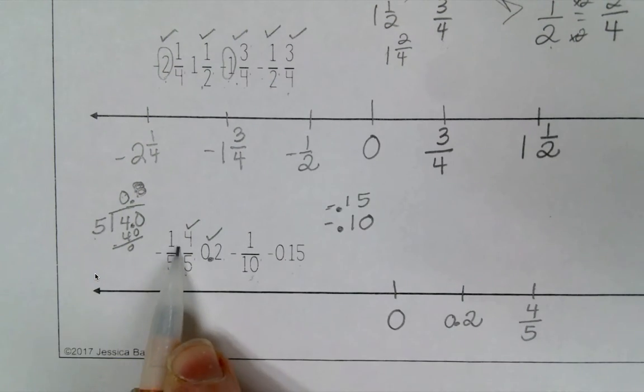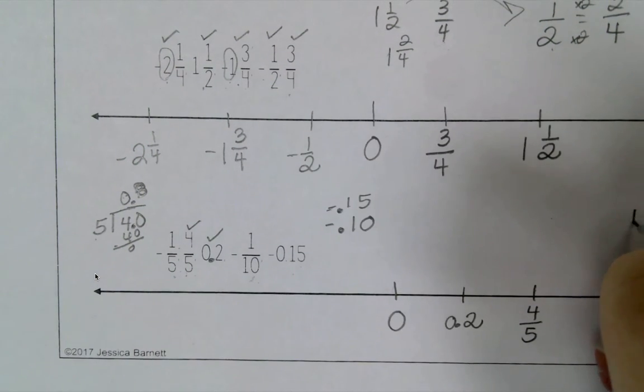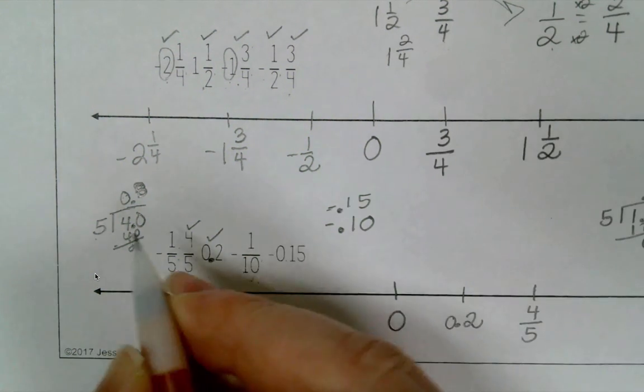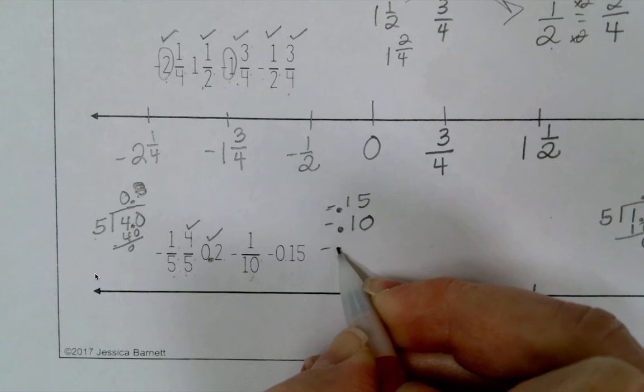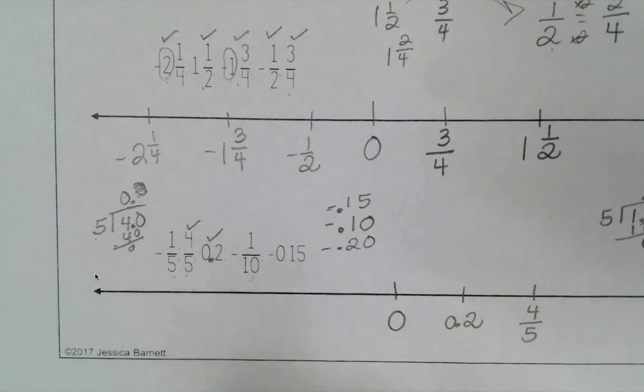And then I have 1 divided by 5. 1 divided by 5, decimal, decimal, 0. 5 goes into 10 twice. So I have negative 2/10. Now the thing is, you want what's closer to 0.